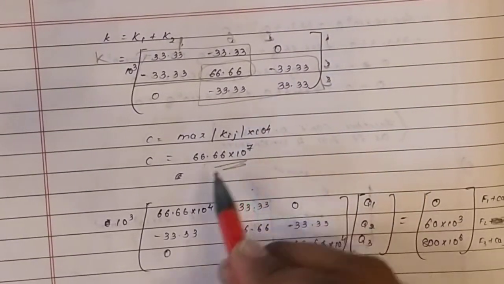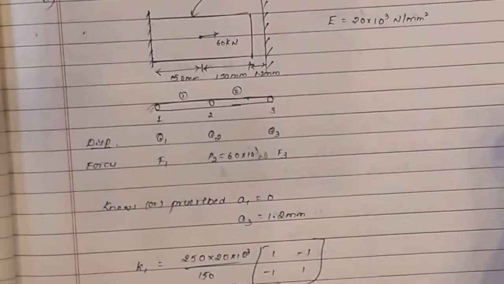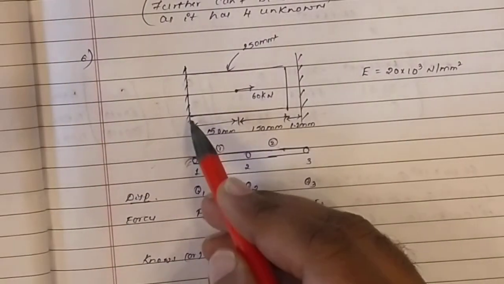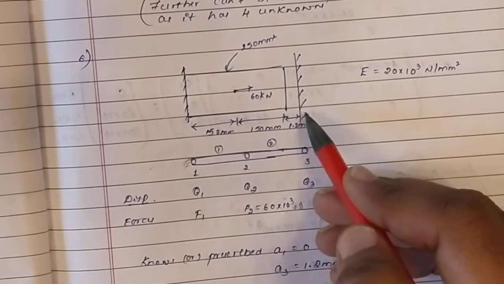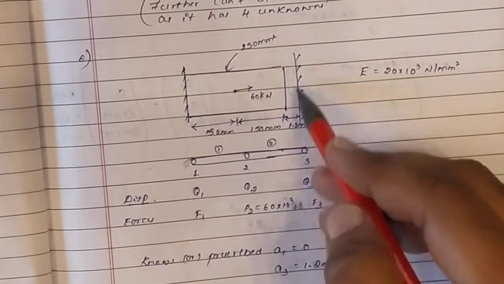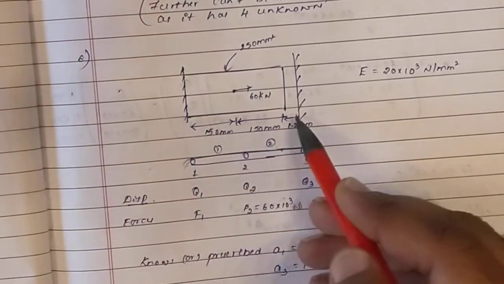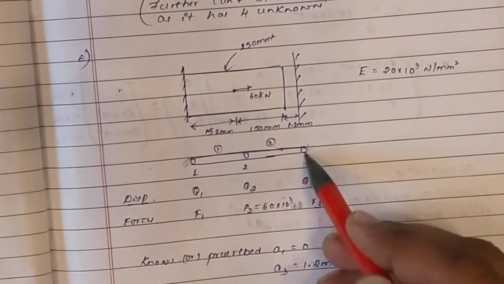Now add the C value to wherever it is fixed. So now if you go and look back to this question, node 1 is fixed and node 3 has a specific deformation and then it is fixed. Okay. So you have to add C value to node 1 and node 3 both.